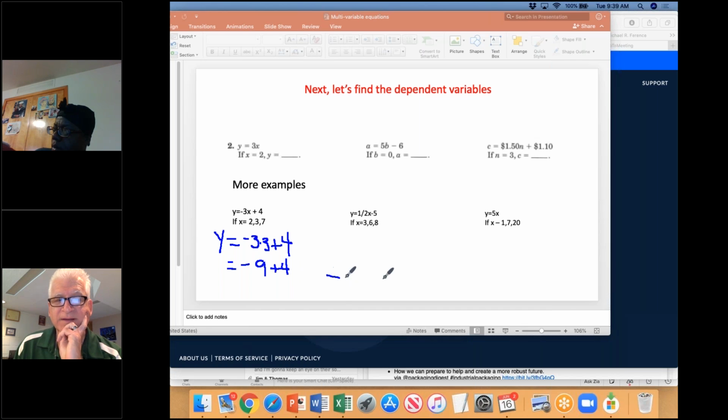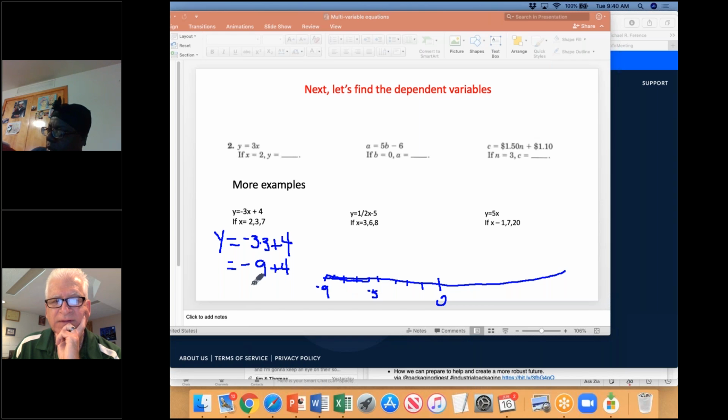Again, let's look at it like we're on a number line. Here's 0, and negative 1 through 9. We're at negative 9, and if we add 4 to negative 9, we move 4 places to the right. 1, 2, 3, 4. And that's negative 5. So your answer is negative 5.